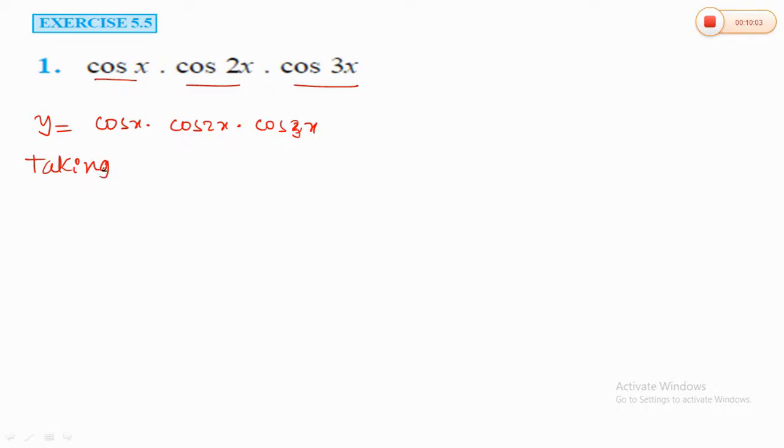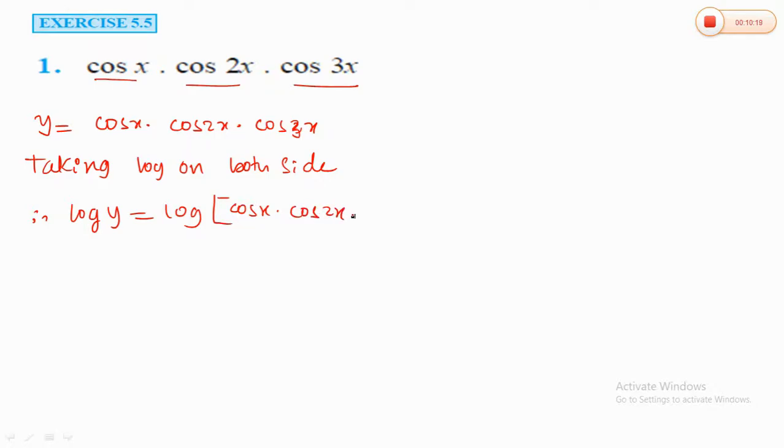Taking log on both sides. Therefore, log y equal to log of cos x, cos 2x, cos 3x.